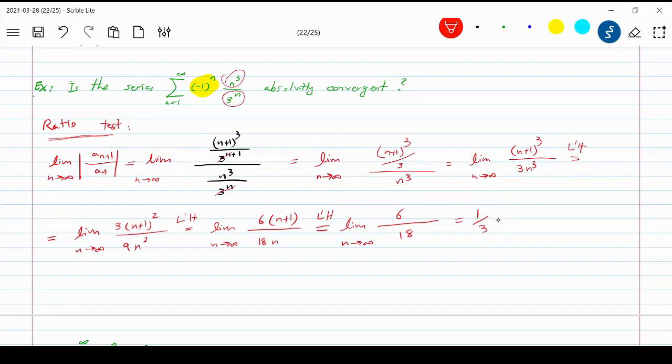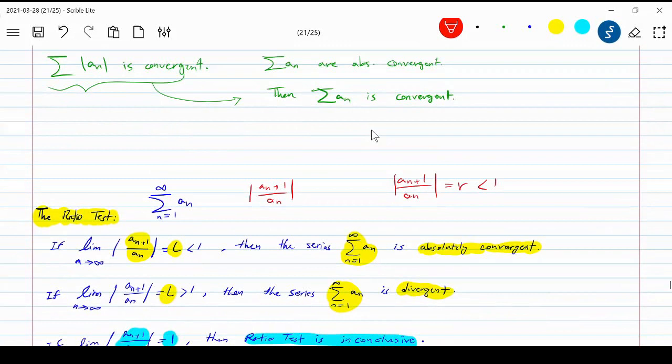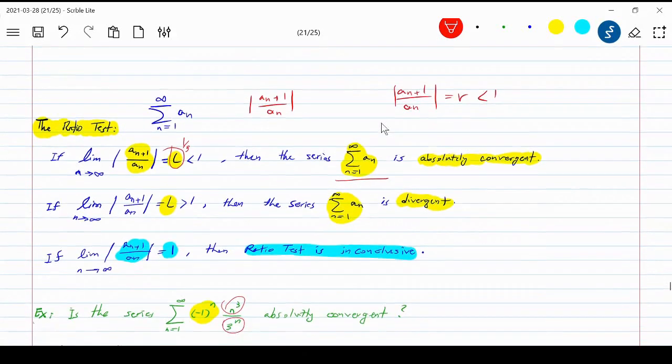So what did I find? I found that this limit of the absolute value of a(n+1) divided by a(n) is some number L less than 1. So this 1/3 is basically the L here. We found out this is 1/3 and it is less than 1. In that case, I can say the summation of a(n)'s is absolutely convergent.